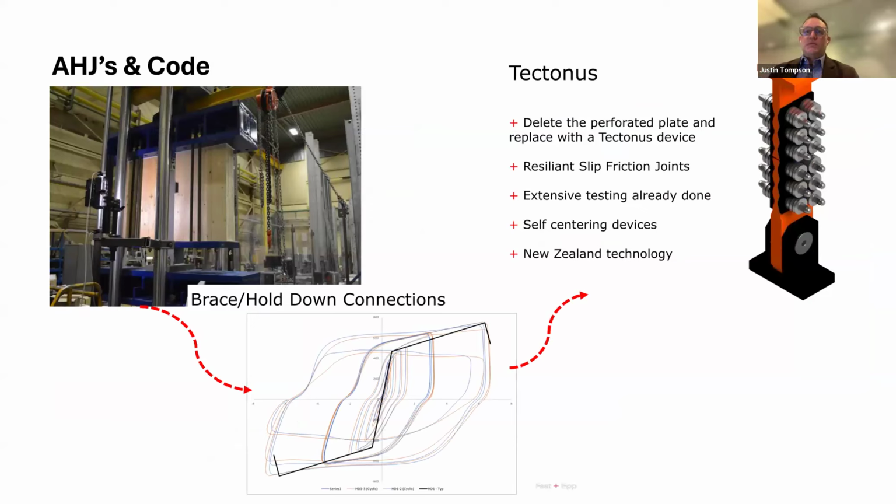One of the interesting things that came out of this full-scale testing is Fast + Epp tested their shear connections and shear plates through the brace frames. And with the full-scale testing, it sheared, but not exactly how they wanted it to shear. This was end of 2019. We were getting ready to go for tender early in 2020, as we thought. And so we did a pivot. They proposed a different type of seismic damper called the Tectonus.